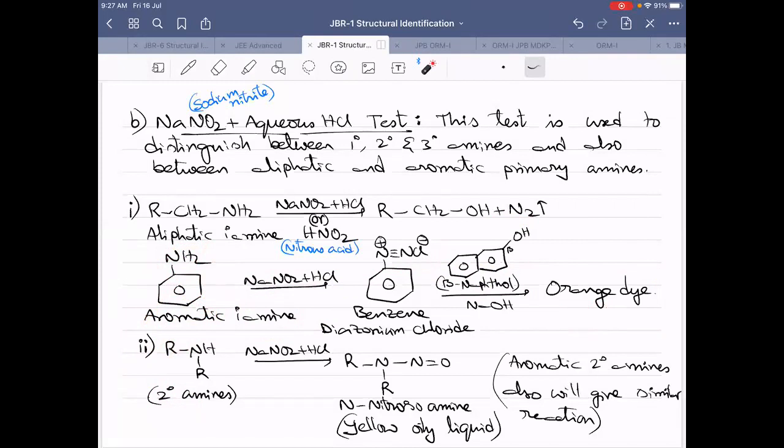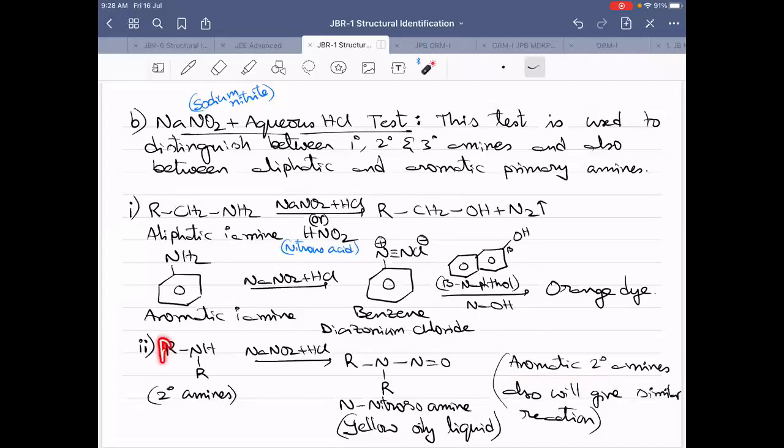Understanding? Then coming to secondary amines, with NaNO2 plus HCl will give N-nitrosoamines. This N-nitrosoamine is a yellow oily liquid. Even aromatic secondary amines also will give a yellow oily liquid.